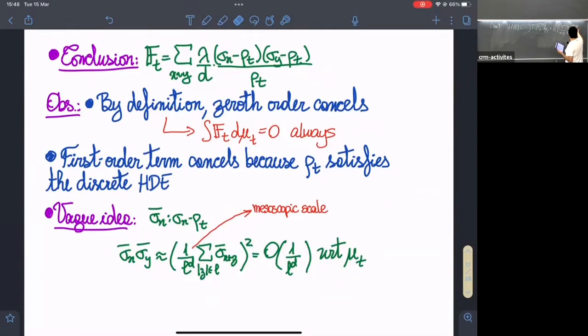I'm running out of space, so let me call it just sigma bar. Okay, so this is what I get here. And at some point, I should start to use this negative part. The idea now is to replace this by the square of the density of particles, paying a price given by this energy that I have here.